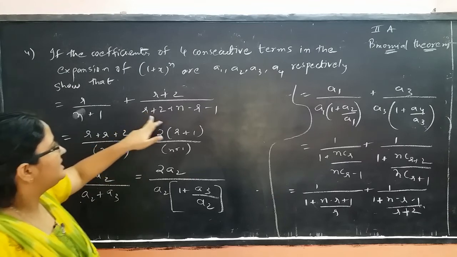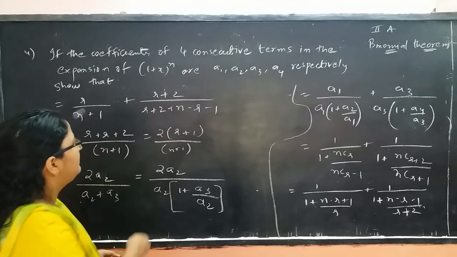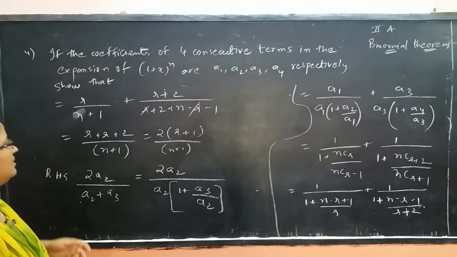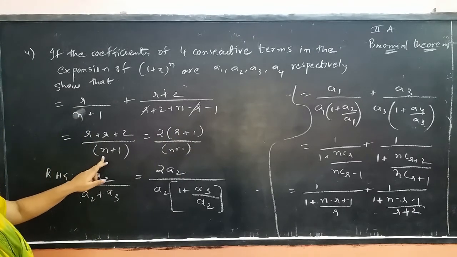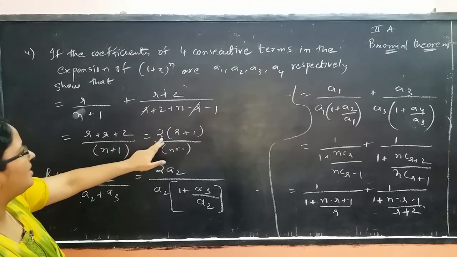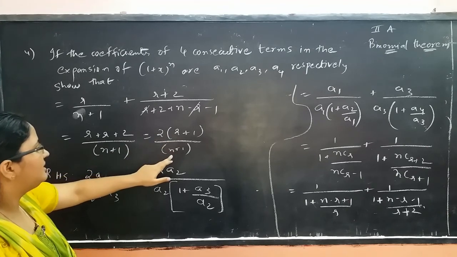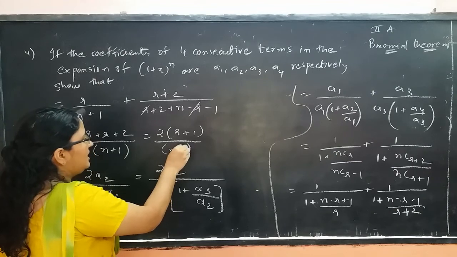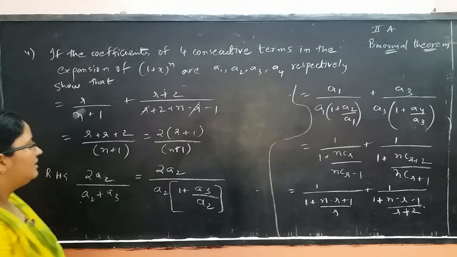Here r − r gets cancelled. 2 − 1 is 1. So the LCM is (n + 1)(r + 2). R + 2 is 2(r + 1)/(n + 1). That is about this problem.